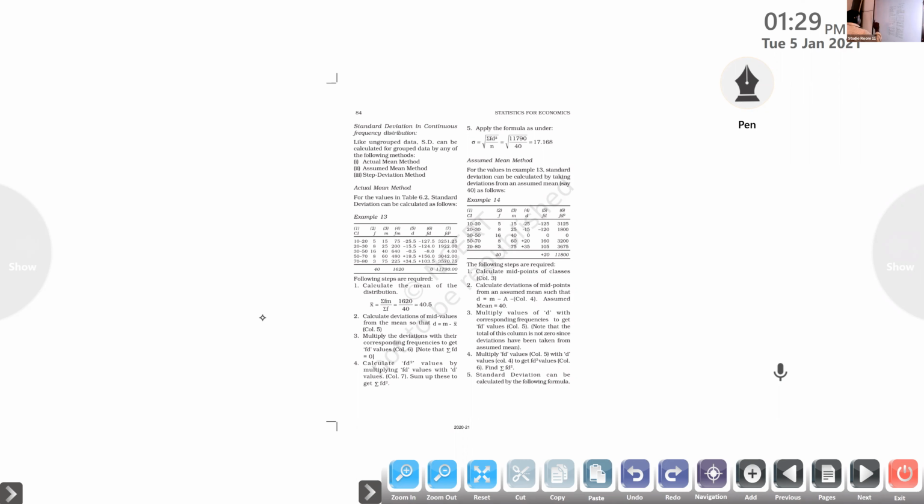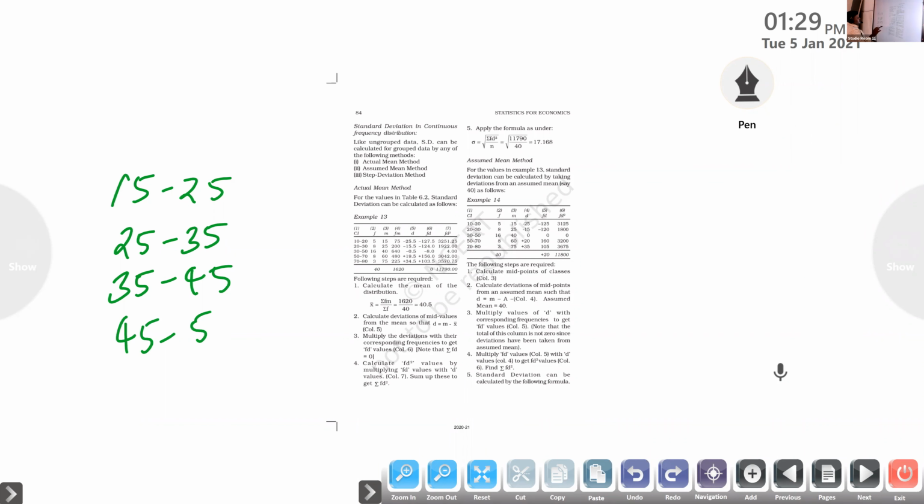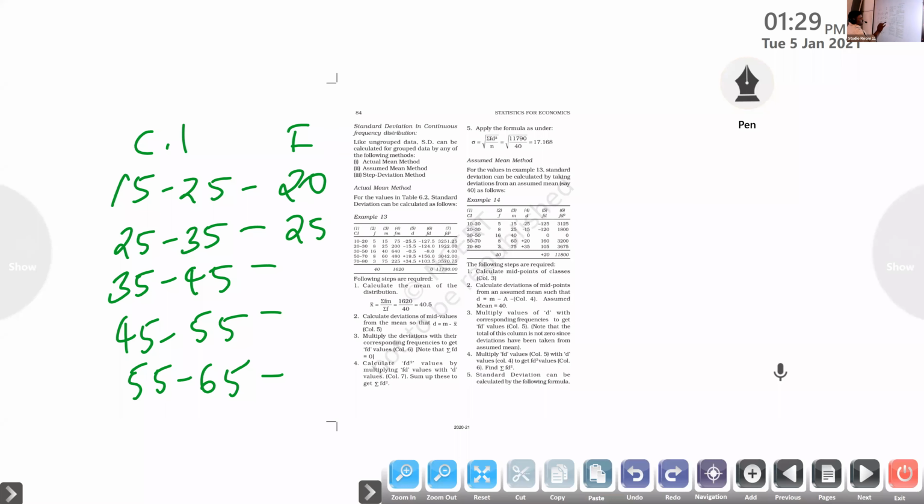So write your homework for tomorrow. Show homework. Same method, the actual mean method.